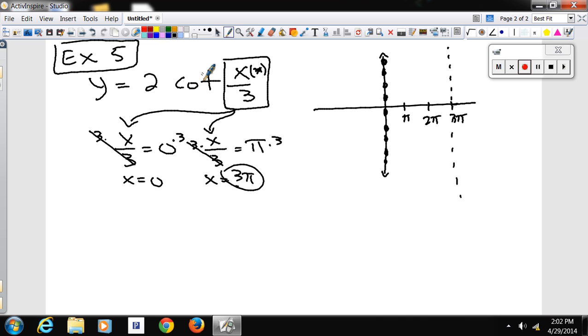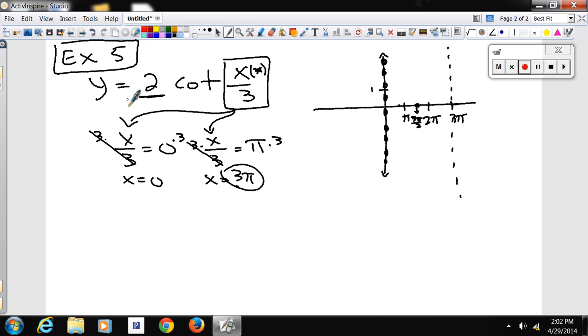Now, what do I know about the halfway point between these 2 dotted lines? Got to be an intercept. In this case, it would be at 3 pi over 2, or 1.5 pi. Has to be an intercept. Now, normally, halfway between these two, I'd go up 1 and I'd make a dot. But what's in front here?